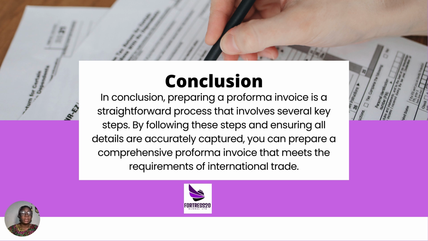Be sure to include any taxes and duties. Don't forget to give your invoice a unique number, an issue date, and a validity period. After you've pieced everything together, double check it for any mistakes, sign it, and send it off to the buyer. This process keeps everything transparent and everyone on the same page.